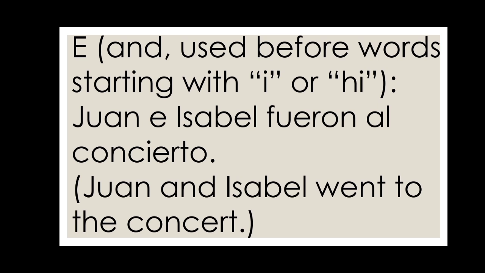So here Isabel is a word starting with i, so we cannot use y because the sounds would be the same, like y, Juan, y, Isabel. It's pronounced the same, so we use e instead of y. Okay. Juan e Isabel fueron al concierto.